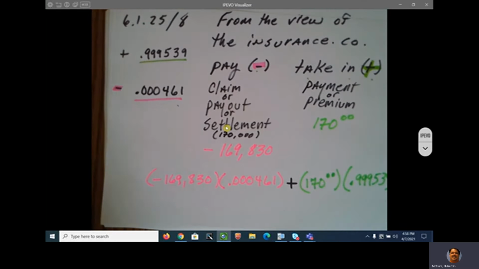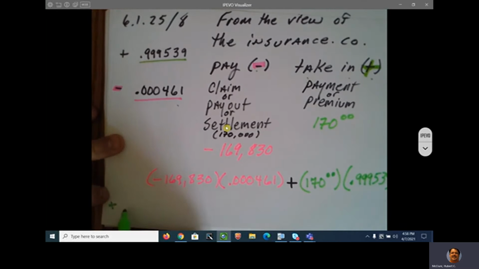Now, if this answer comes out positive, that means the insurance company is in the good. If it comes out negative, that means the insurance company is not making a profit or not doing good. So I put good, and then I'll put a big red X to it.